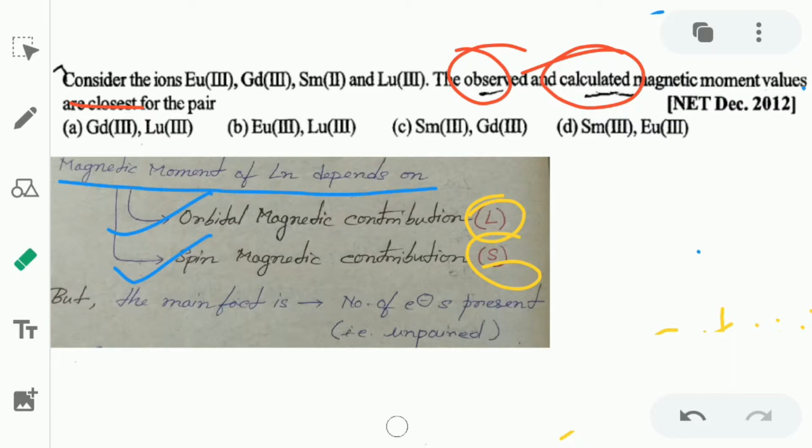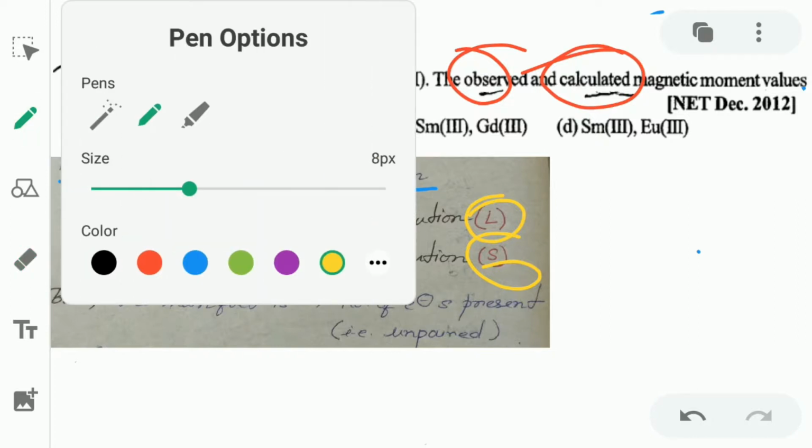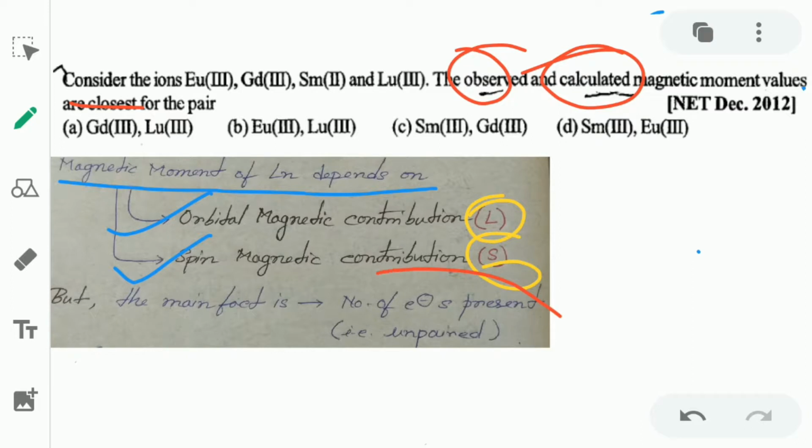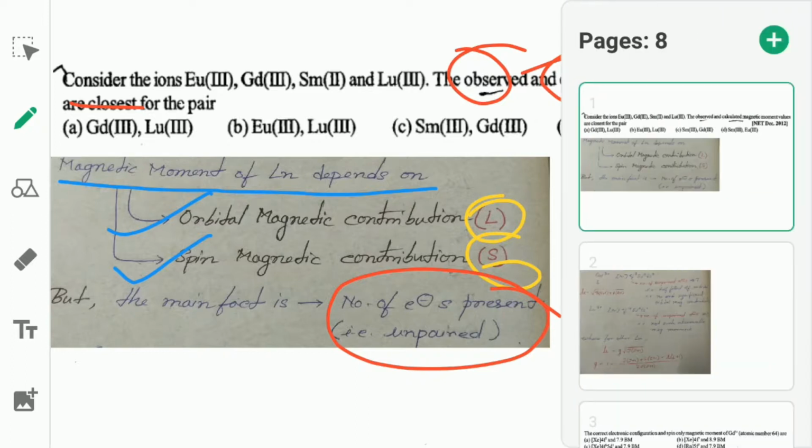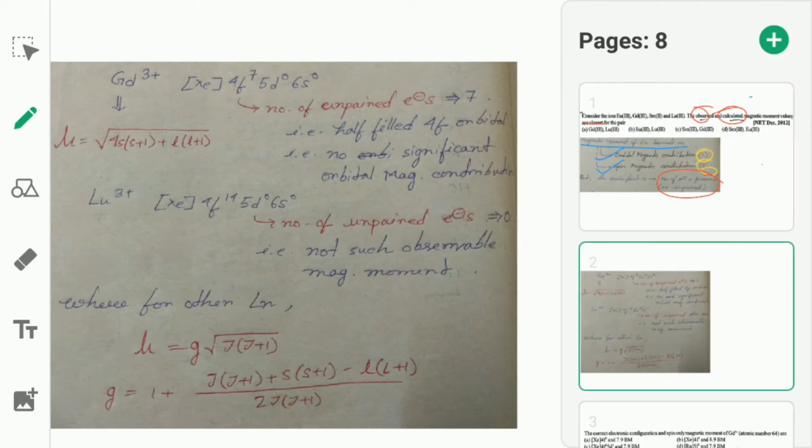But the main fact which shows the magnetic moment in any such compound is the number of unpaired electrons present in a compound. So let's do the question.